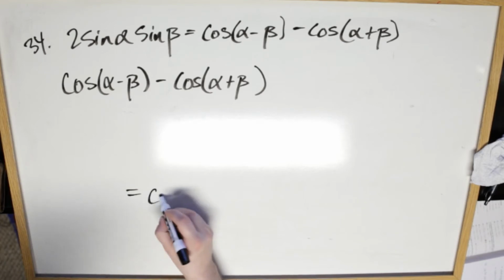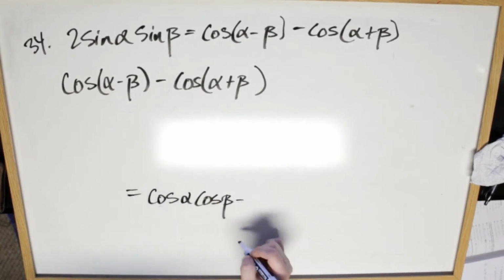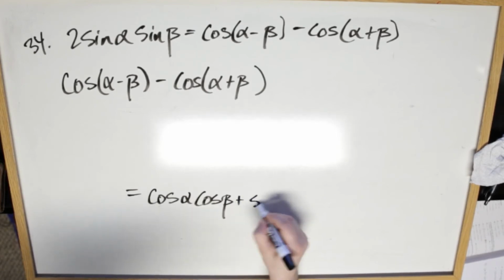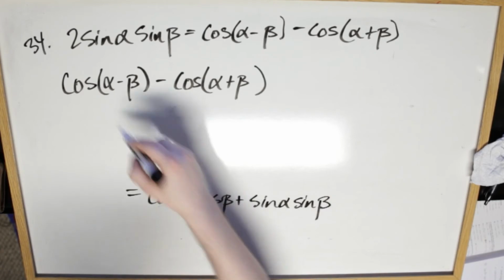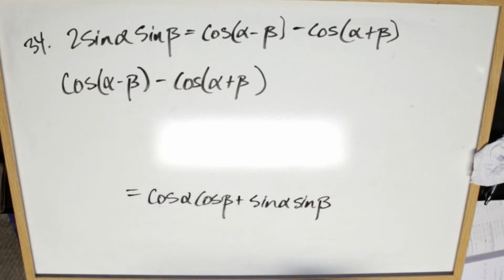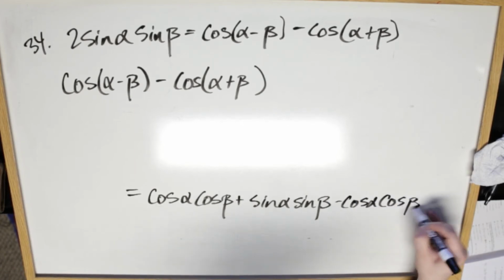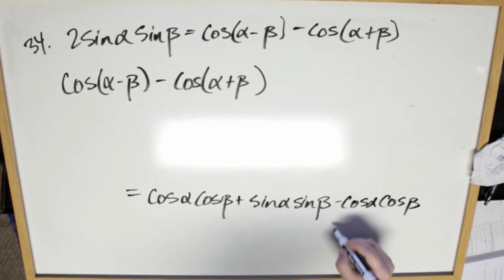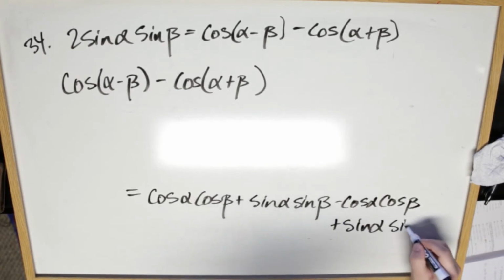So this will be cosine alpha cosine beta plus sine alpha sine beta. And so that's the first part. The second part is going to be minus cosine alpha cosine beta plus sine alpha sine beta. Okay? So take a look at what we have.